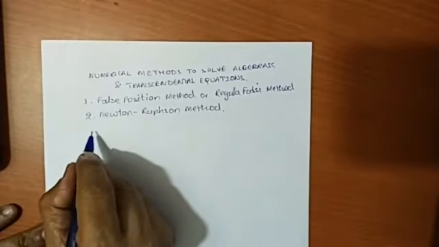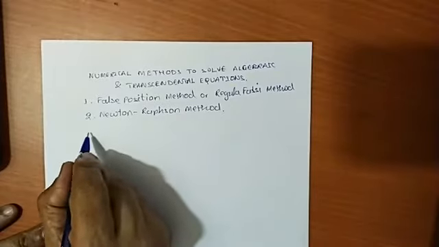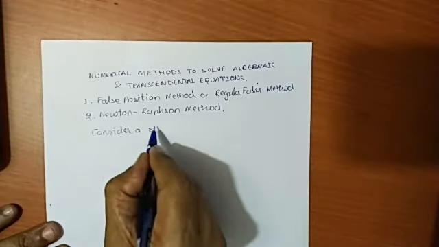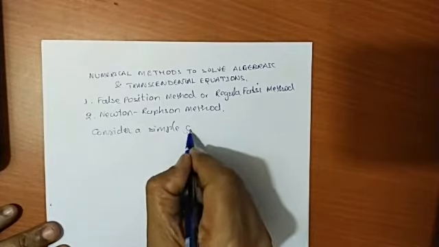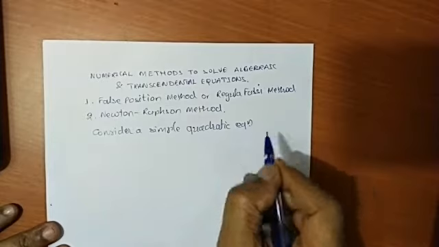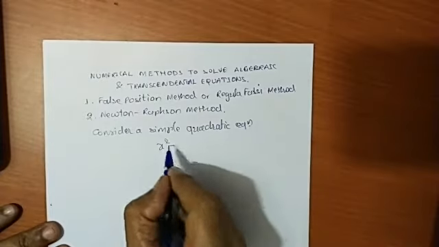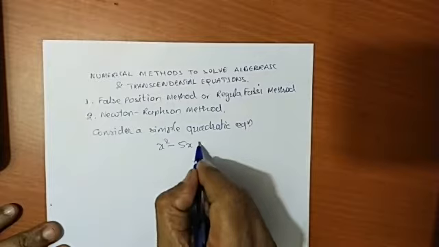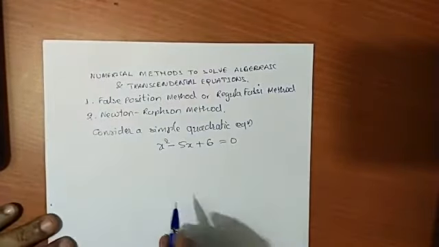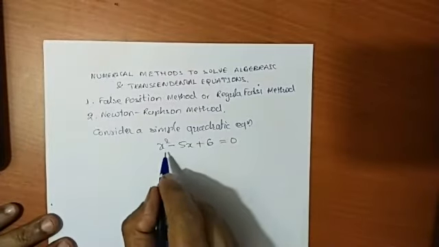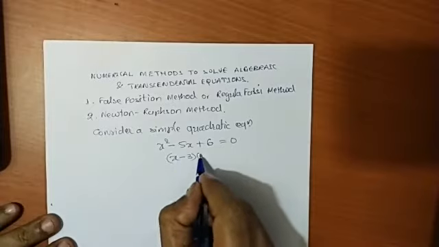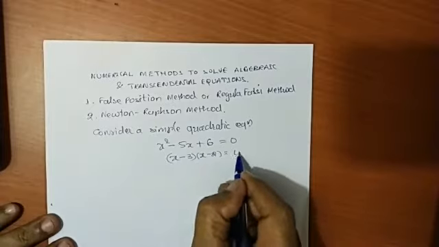For example, if I consider a simple quadratic equation, x squared minus 5x plus 6 is equal to 0, and I want to solve this equation, I factorize this as (x minus 3) times (x minus 2) is equal to 0.